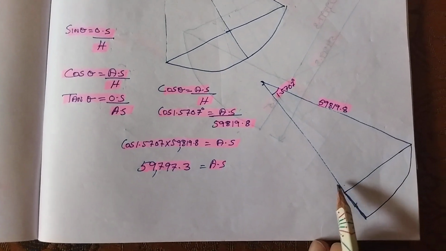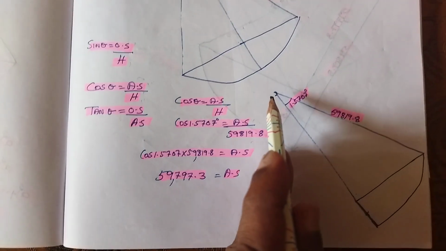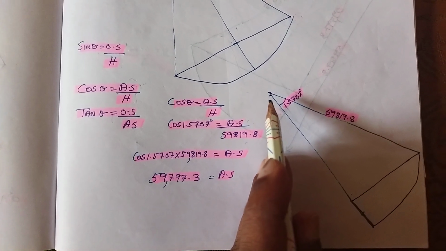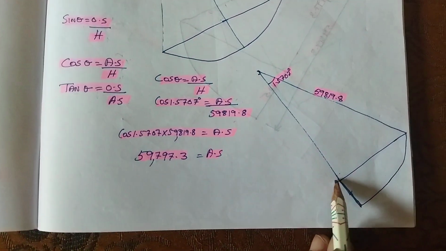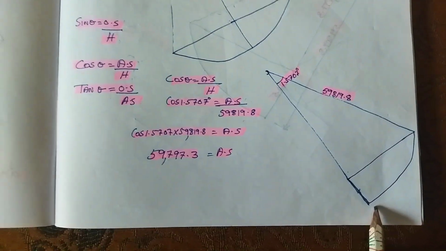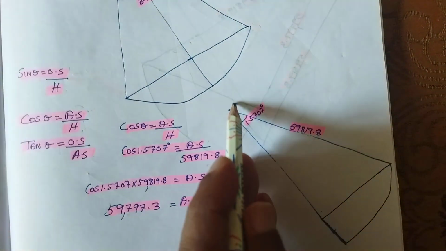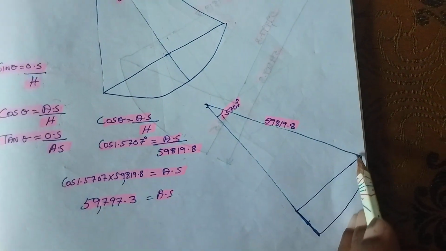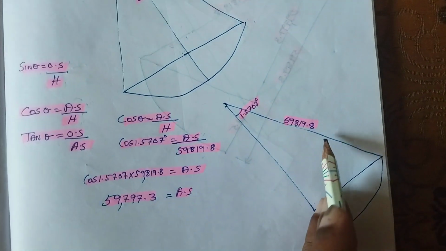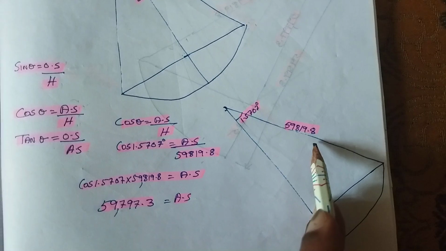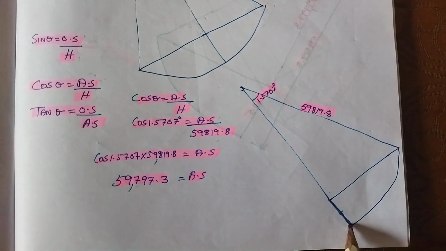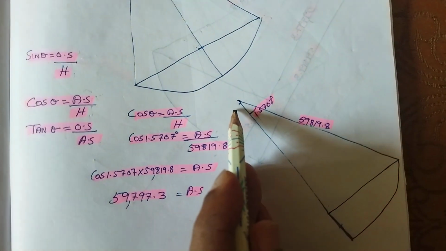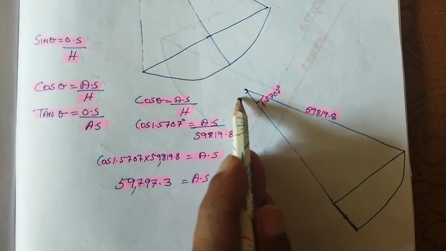The adjacent side is from here to here, that is 59,797.3. If it is so, what will be this measurement? Everybody knows from here to here is the radius. This radius is 59,819.8.